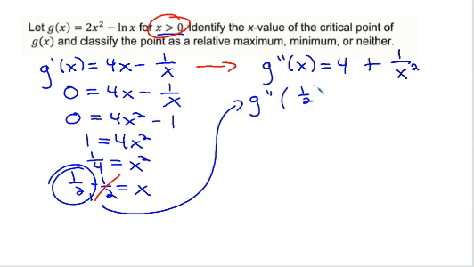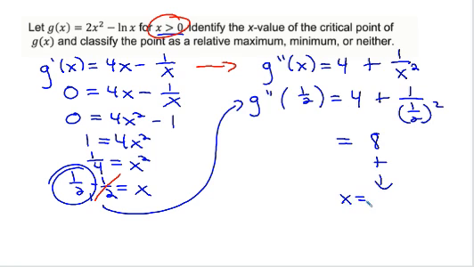Plug in my 1/2 here: 4 plus 1 over 1/2 quantity squared. All I really care about is, is it positive or negative? The answer is 8. It's positive, so 1/2 is the location of a minimum. It's the opposite of what you think it is.